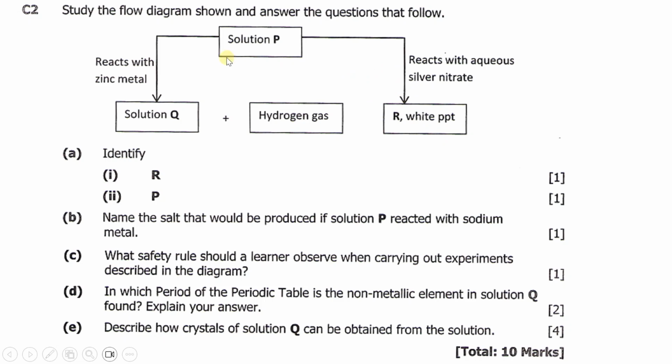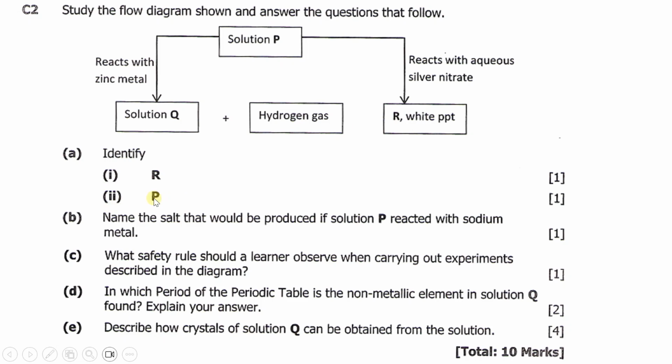For us to have a chloride, P must be hydrochloric acid, which reacted with zinc to give us zinc chloride plus hydrogen gas. That's how we know that this one is hydrochloric acid. So when they say identify R, R here will be silver chloride. That's what I know.